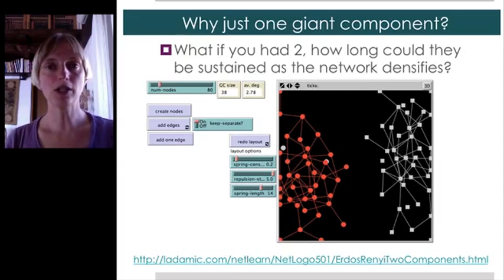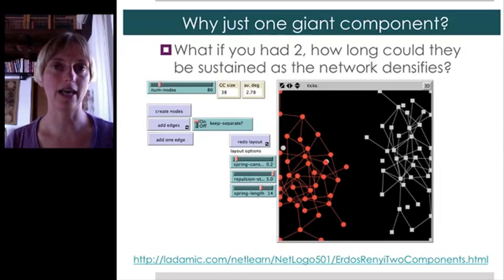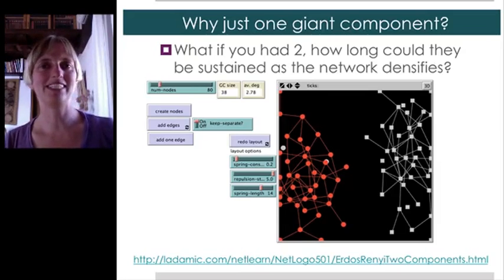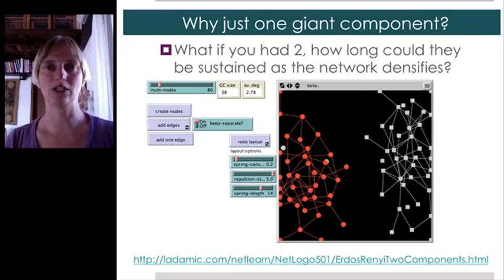And all the other smaller components will occupy at most some factor times log n nodes. They'll incorporate that many nodes. And the question is, why is this? Well, let's look at the counterexample. What if we have 2 large components? If we were to continue adding edges, how long could they really stay separate before merging into one giant component?